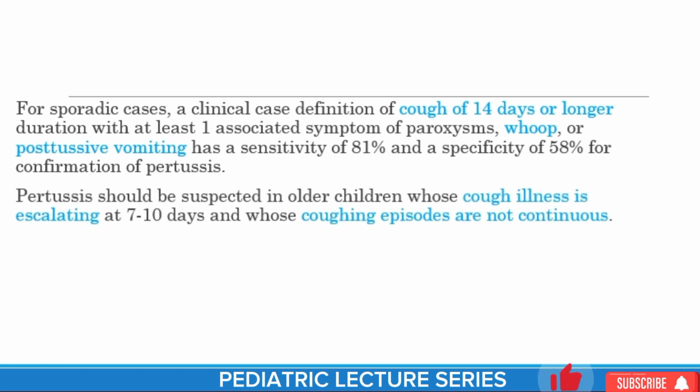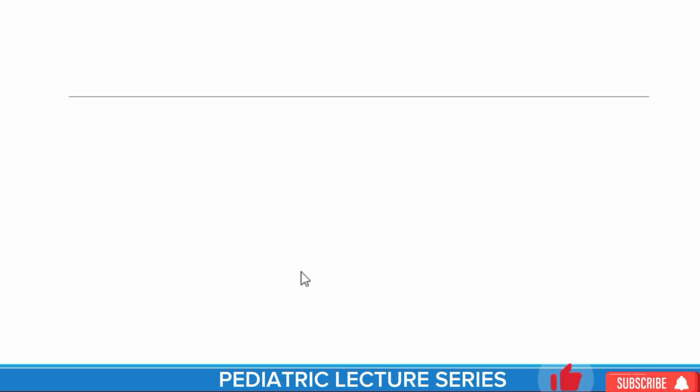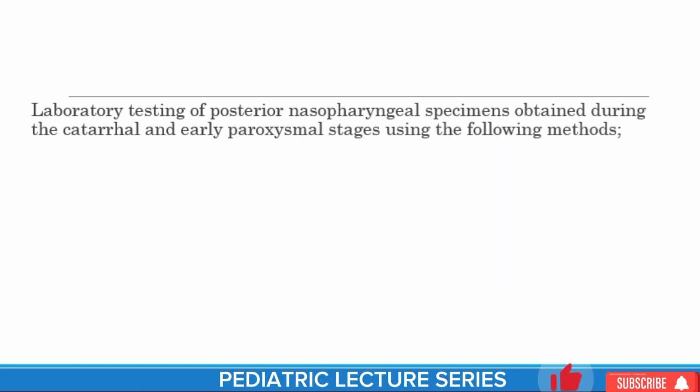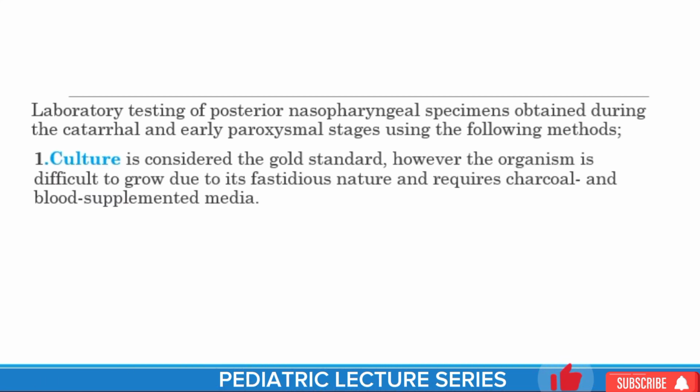Also, in older children whose cough illness escalates after 7 to 10 days, after the incubation period, symptoms start to escalate and the cough episodes are not continuous. Also, in infants less than 3 months, as we have seen, they are gagging, gasping, apneic, and have cyanosis. Then you combine those features with laboratory findings, first of all culture.